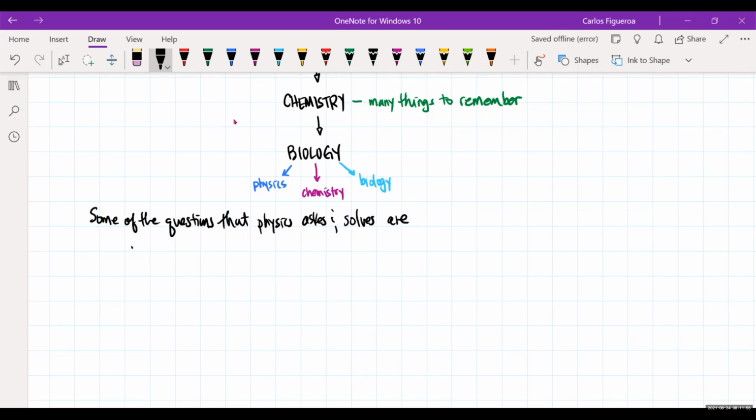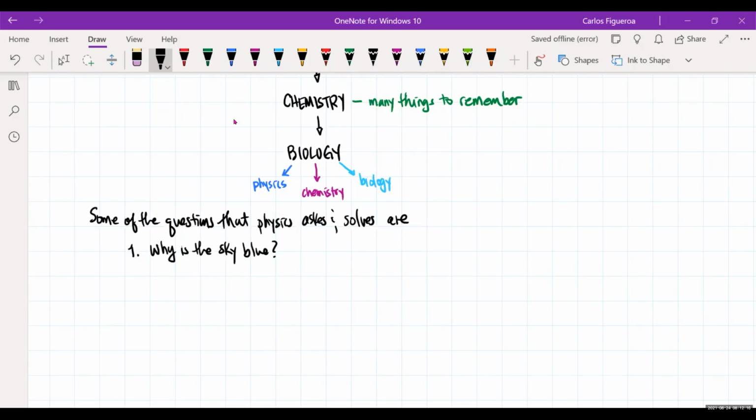Let's say, one that's really quite interesting: why is the sky blue? Right? That seems like such a basic question.